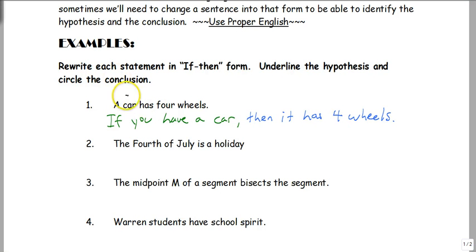You start with the first piece of information, which is just car, and the second piece is 4 wheels. So if you have a car, or if it is a car, something like that, then it has 4 wheels. Based off of that, we underline our hypothesis, which would be you have a car, and our conclusion would be it has 4 wheels.